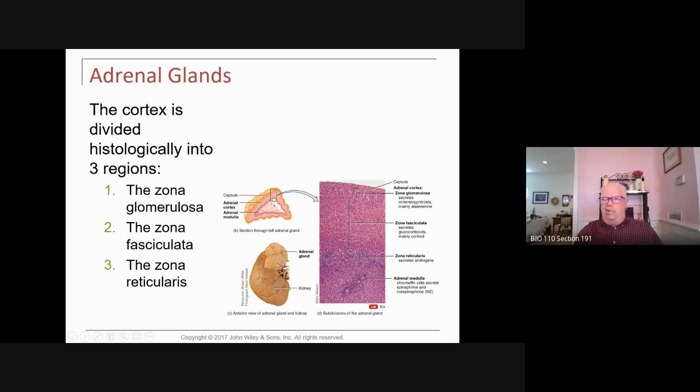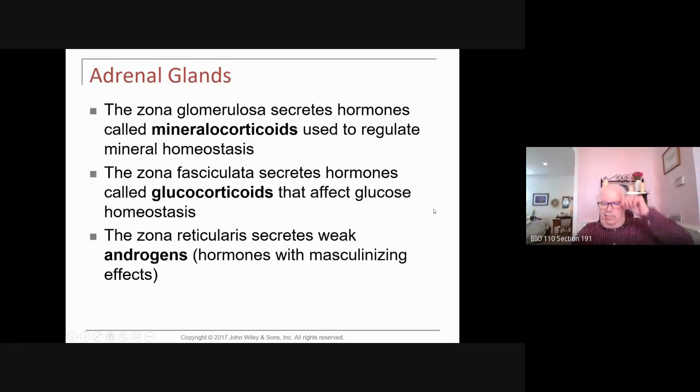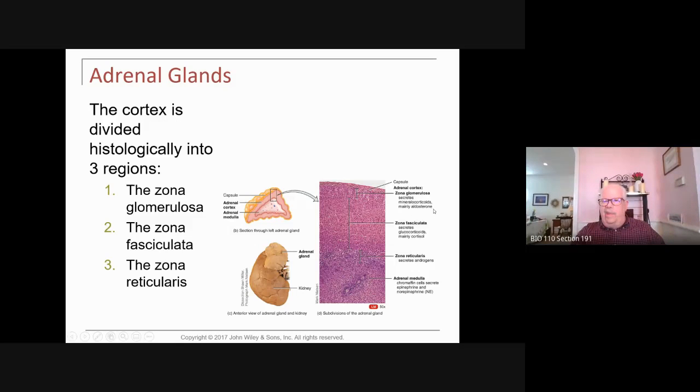And the main mineralocorticoid that comes from the zona glomerulosa is aldosterone. You learned about aldosterone in the urinary system.